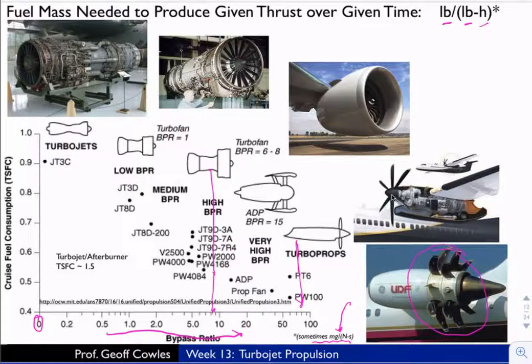But you can see as this bypass ratio goes up through these types of engines, for low bypass ratio, which you would have seen on fighters or on early commercial aircraft like a Boeing 707 when it first was released. And over time, on the commercial aircraft, they increased this bypass ratio.